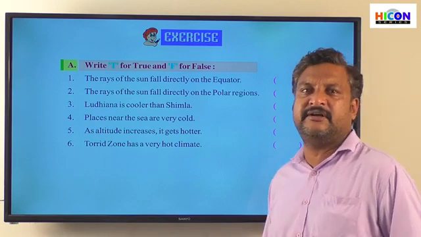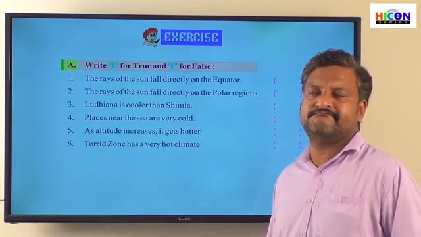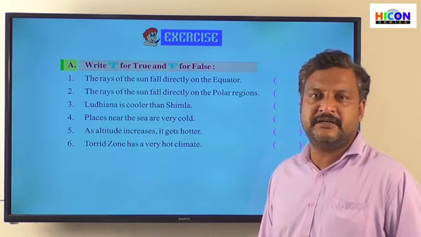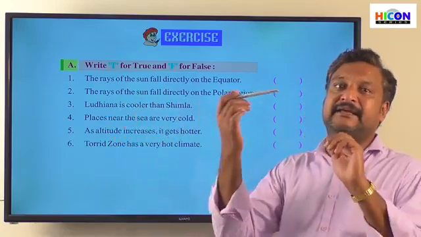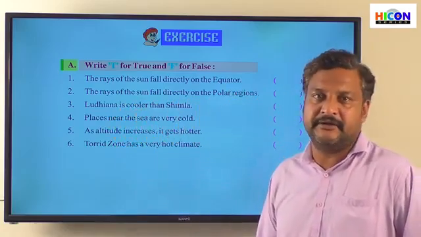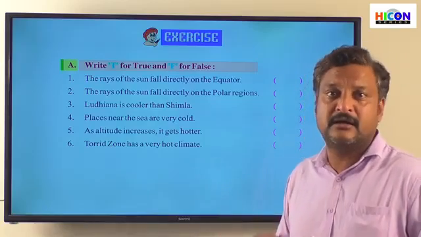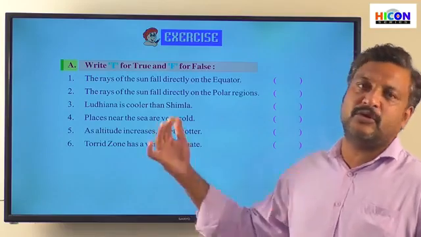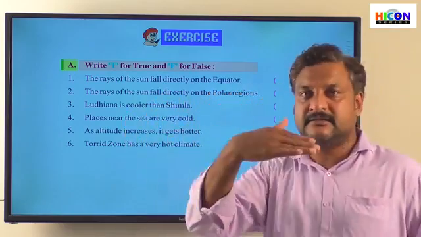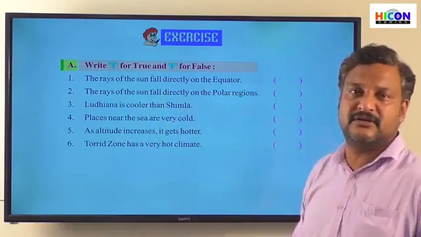Does the sun's rays fall directly on the polar region? No, isn't it? Yes, it's slanting. The sun rays, when they fall on the polar region, are more slanting than the straight ones that are received on the equator.